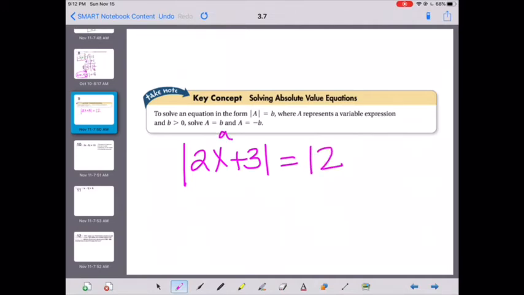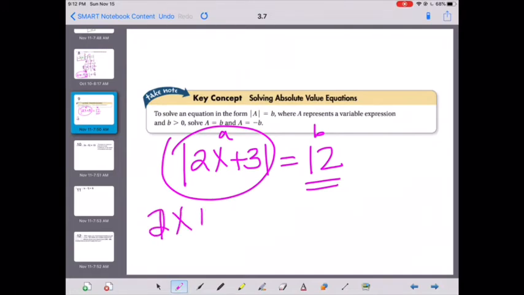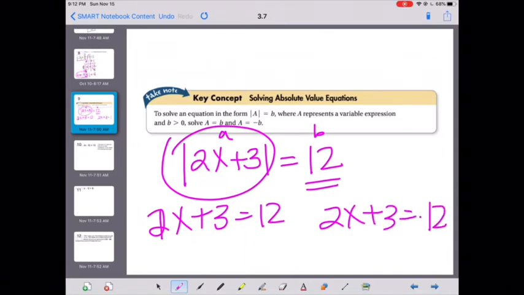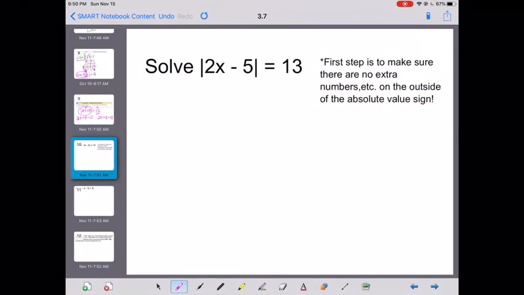So if I have some expression in here, let's say equals 12, here's our a, the whole expression, and here's our b. Then I need to solve it so that this whole expression is equal to positive 12 and equal to negative 12. So I'm going to have to split it.